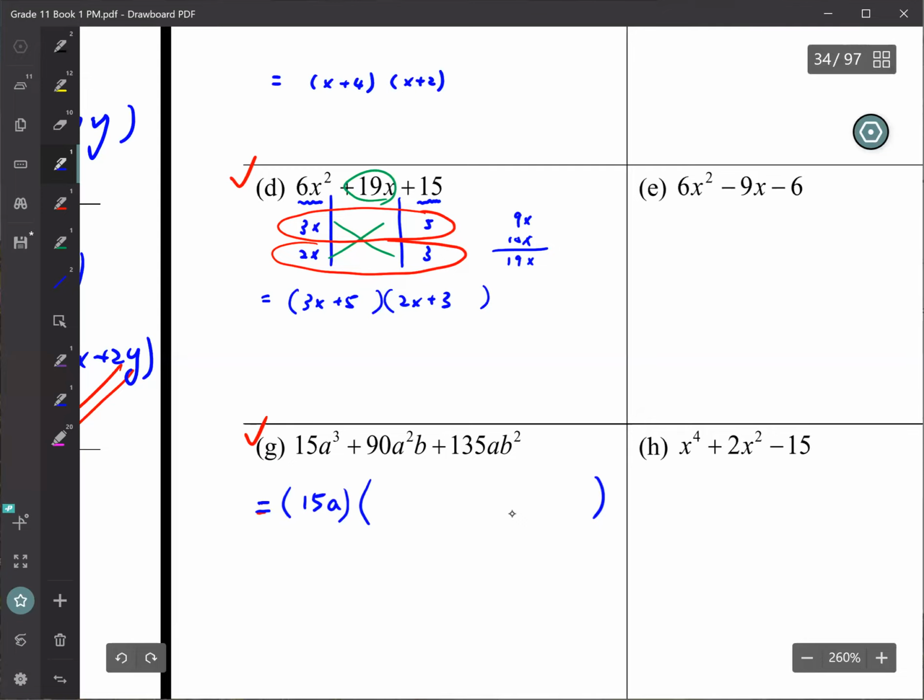And what's left? A plus 6ab plus 9b squared.